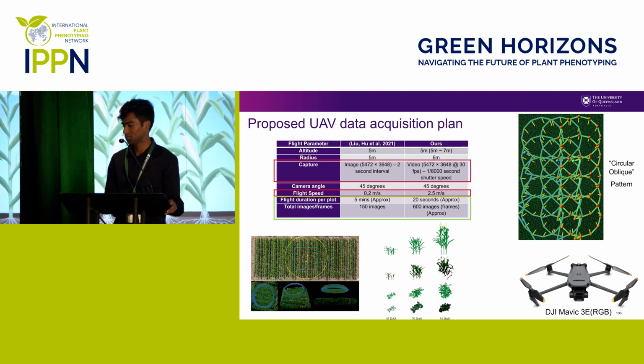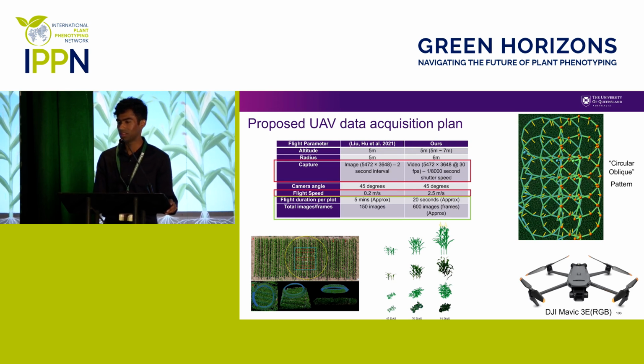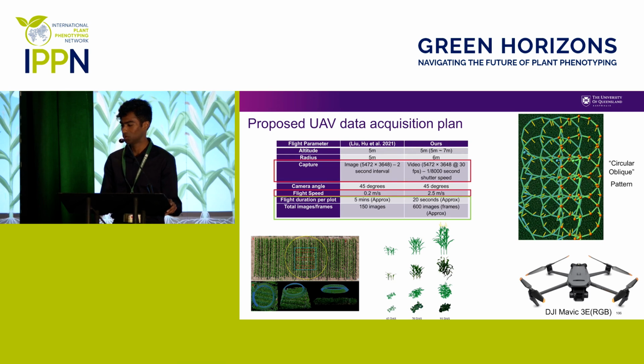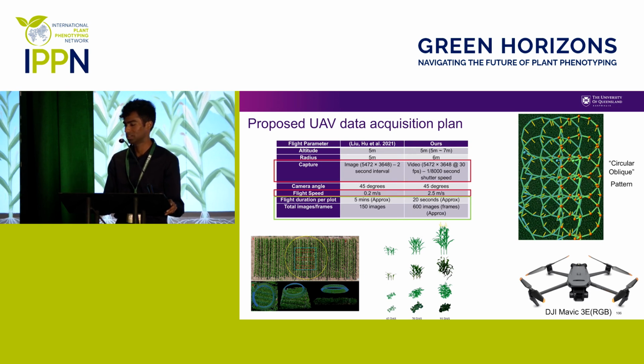For instance, this is a study which uses a similar kind of flight pattern to 3D model maize and soybean canopies in the field. Now, there are two important things to consider while you do this. The first thing is that if you use a structure from motion-based method to create 3D canopy models, your models can only reliably model the upper part of the canopy.